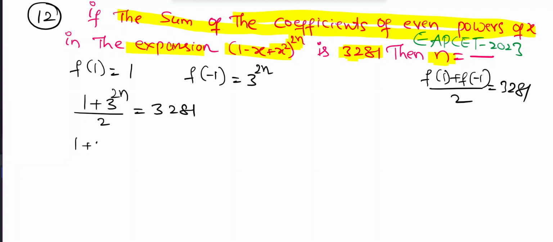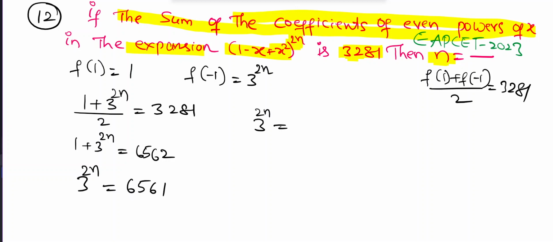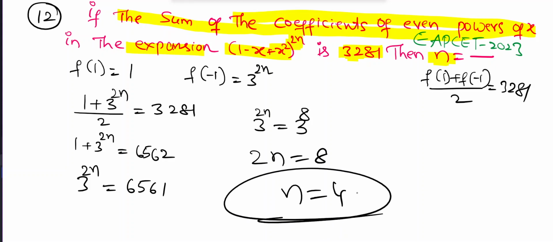From this, 1 plus 3 to the power of 2n is equal to, multiplying by 2, that is 6562. So from this 3 to the power of 2n is equal to 6561. So 3 power 2n is written. This value is equal to 3 to the power of 8. From this 2n is equal to 8. From this n is equal to 4. This is the value of n.